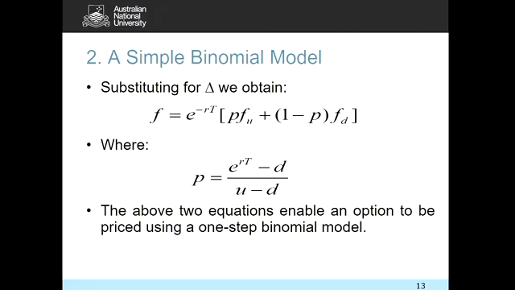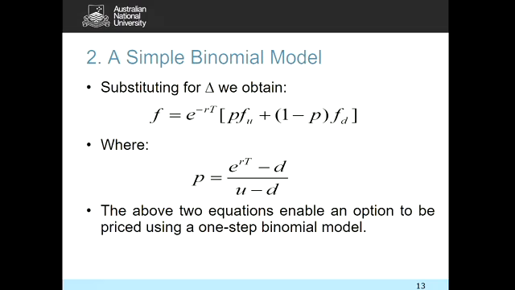Where P, and this is probably the most important thing, is equal to e to the RT minus D, divided by U minus D. We're going to talk about how we calculate D; there are three ways. U is going up and D is going down. The above two equations enable an option to be priced using a one-step binomial tree, and in fact you use the same formula for a two-step or a three-step binomial tree as well.